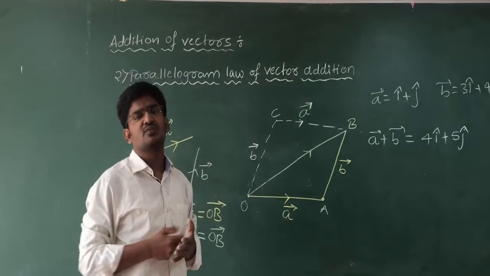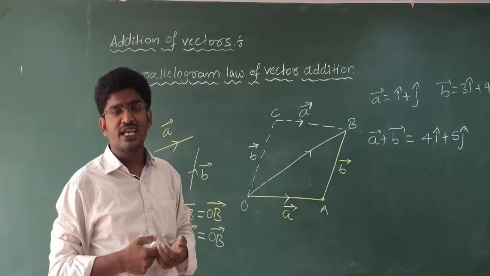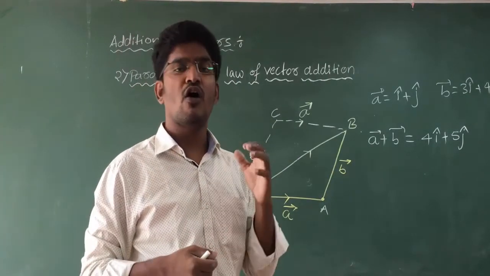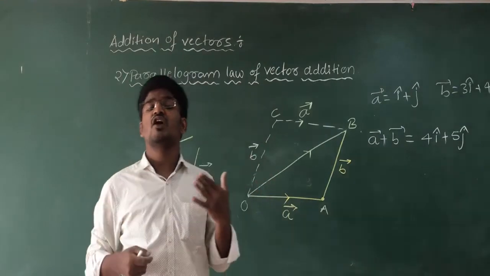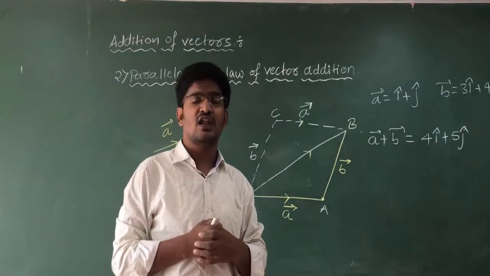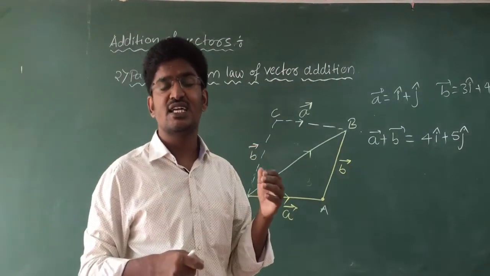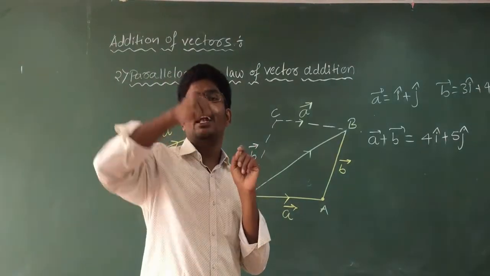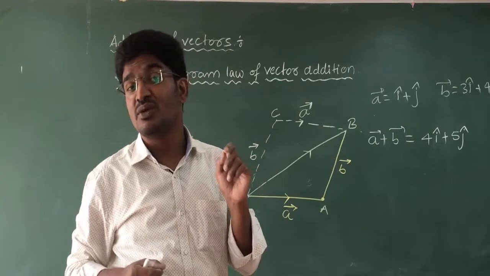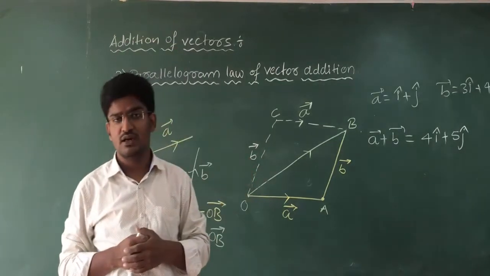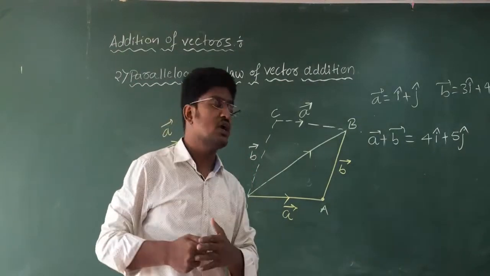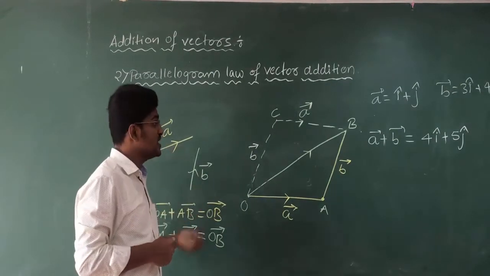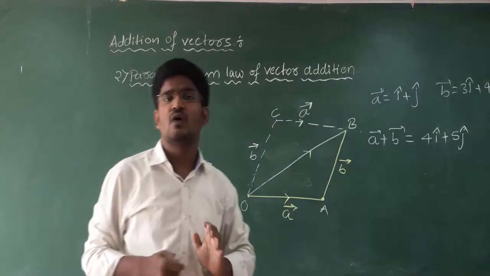So that will be the diagonal of the parallelogram, or the third side of the triangle, starting from the initial point of vector A and reaching the terminal point of vector B. Clear? So this is how you have to add two vectors by using the triangular law or parallelogram law.